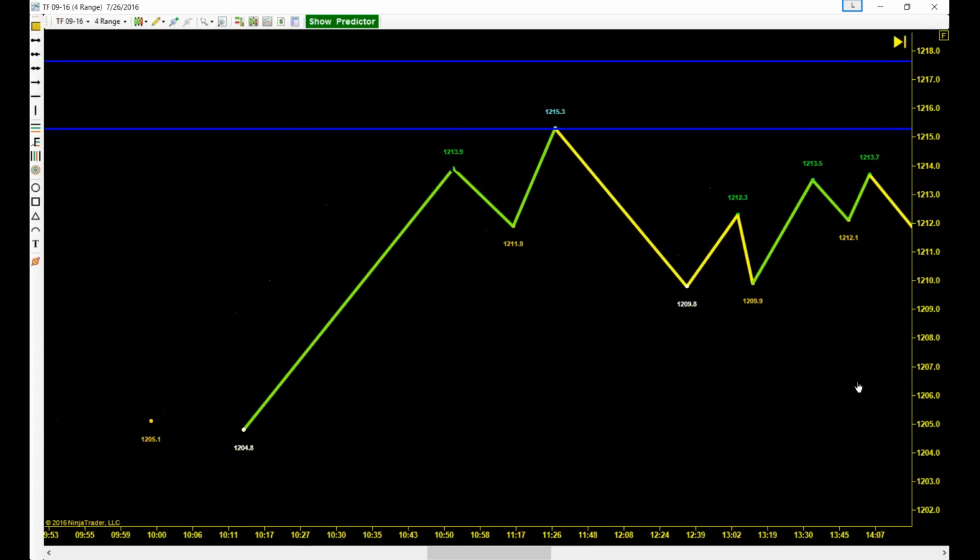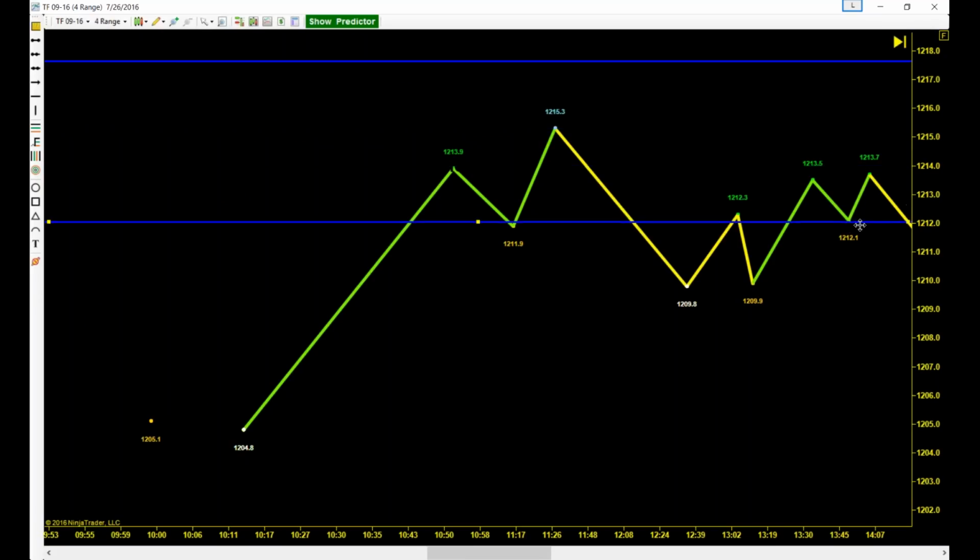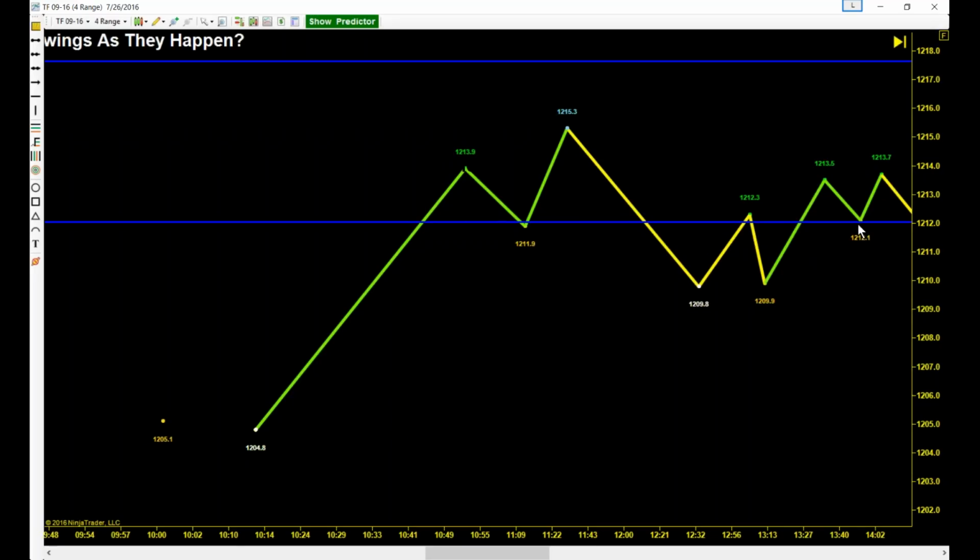Now, when you look at this chart right here, you've got 12.1350, 12.1370. Is that swing identified at that point? Let's go back a little ways just so you can see. Is that swing identified right now with that only being 2 ticks above it? And the answer to that is no. Because to identify it, you really want it to take that out by at least 5, 6, 7 ticks.